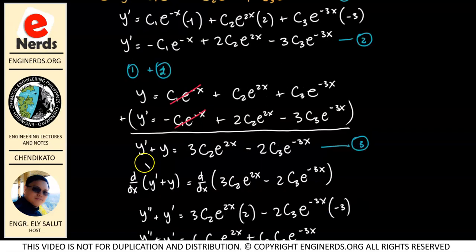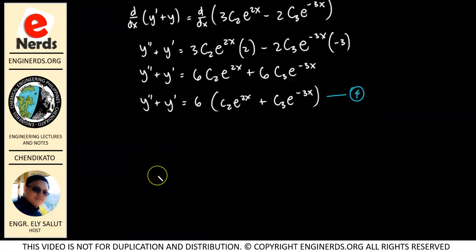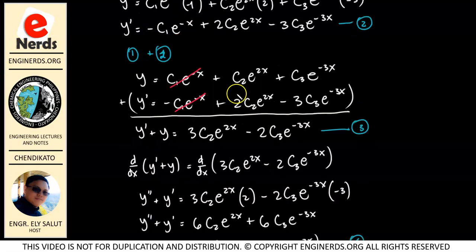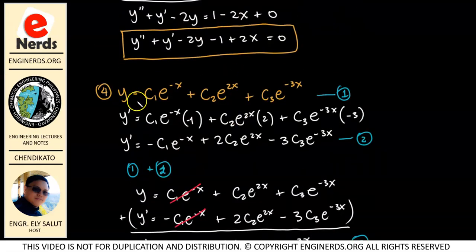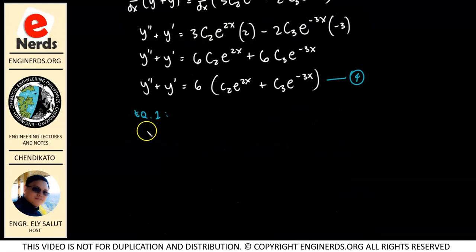Now, I would like to review itong equation 1 natin. So let me write that here. Equation 1. Okay, so sulat lang ulit natin yung equation 1 natin. So our equation 1 is y is equal to c1 e to the negative x plus c2 e to the 2x plus c3 e to the negative 3x.